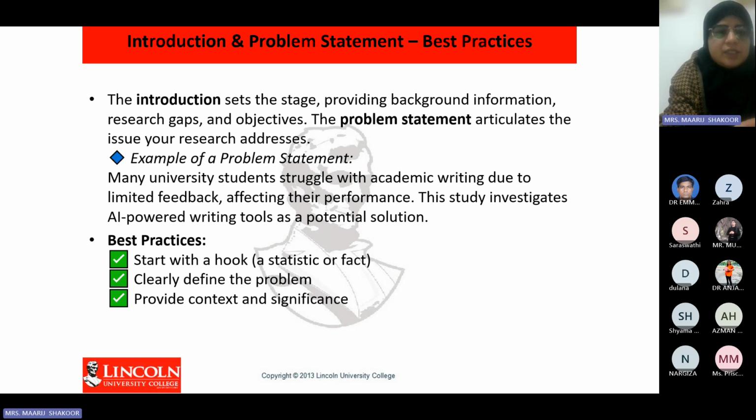This study investigates AI-powered writing tools as a potential solution. Best practices: start with a hook, any idea, fact, or statistic, which attracts the reader. Real facts are the strategy to use here. Clearly define the problem, and provide context and significance.